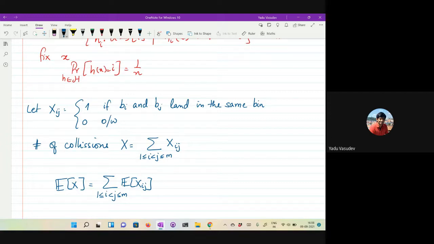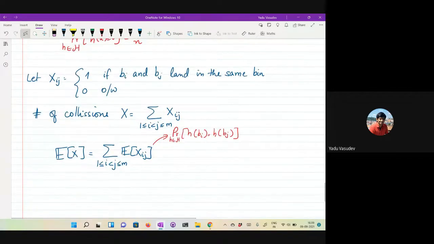Because this quantity is the probability, when you sample h from the family, that h of Bi is equal to h of Bj. So the expected number of collisions is at most m choose 2 times 1 over n.